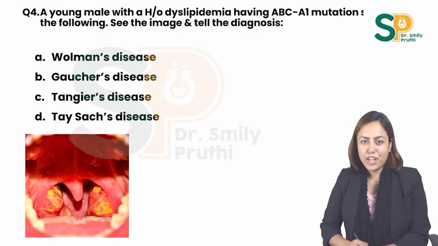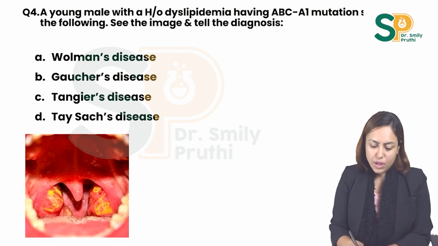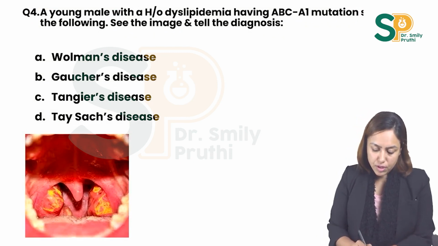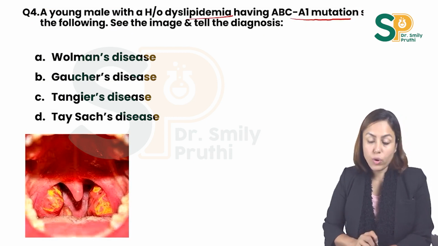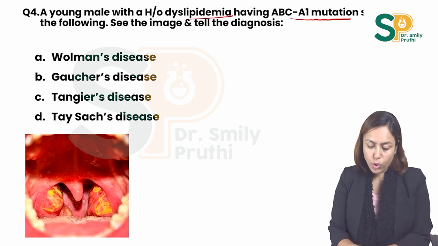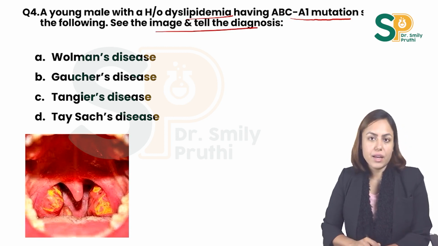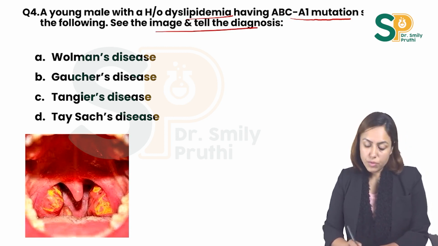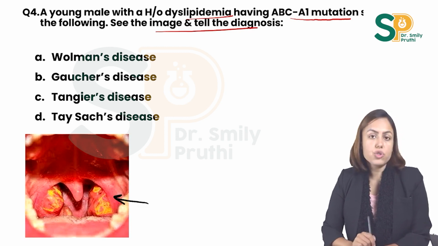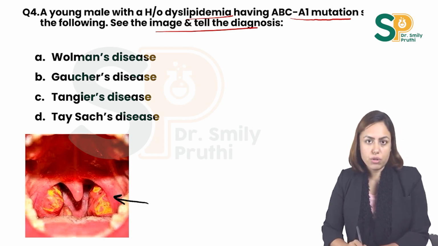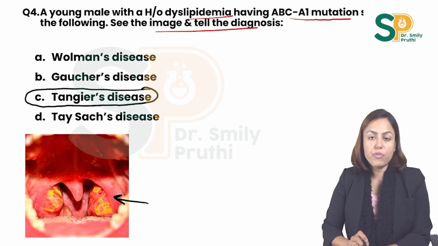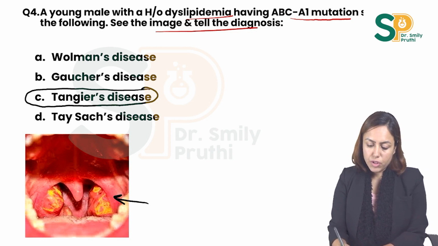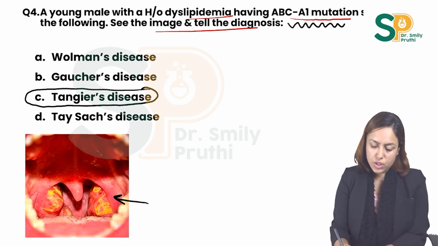So now coming to the next question, question number 4. A young male with a history of dyslipidemia having ABCA1 mutation shows the following. See the image and tell the diagnosis. So look at the image. The image here shows enlarged tonsils which are yellowish color, right? And what is this disease? This is a very typical case of Tangier disease, in which there is mutation in the ABCA1 gene.